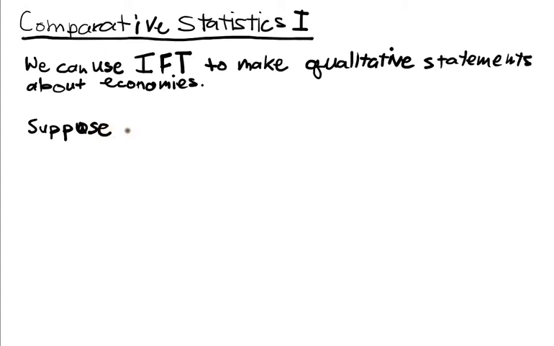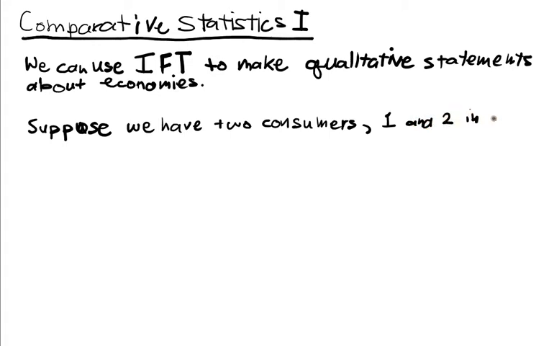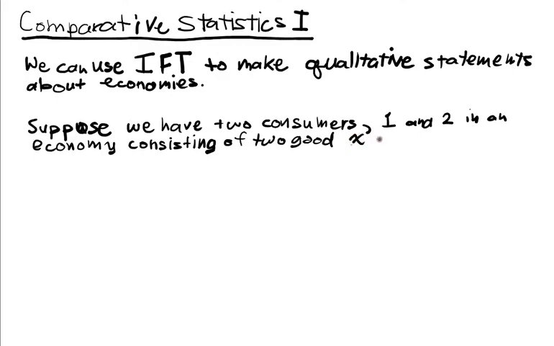So suppose we have two consumers, we'll call them 1 and 2, in an economy consisting of two goods, say where we'll parameterize those by x and y values.